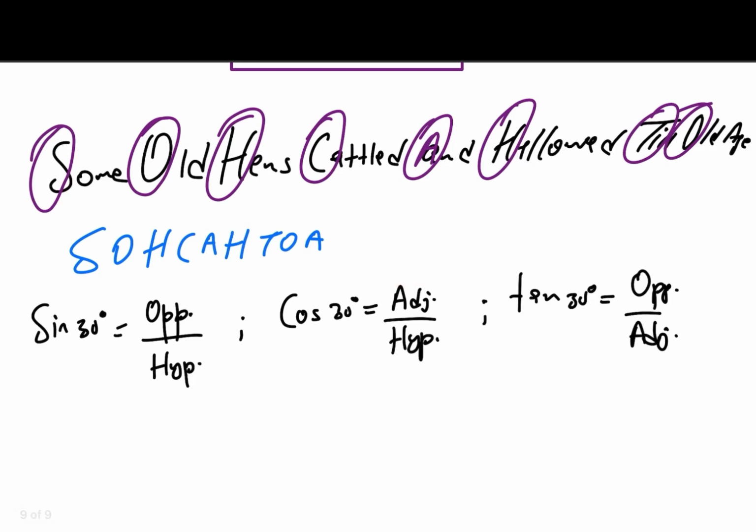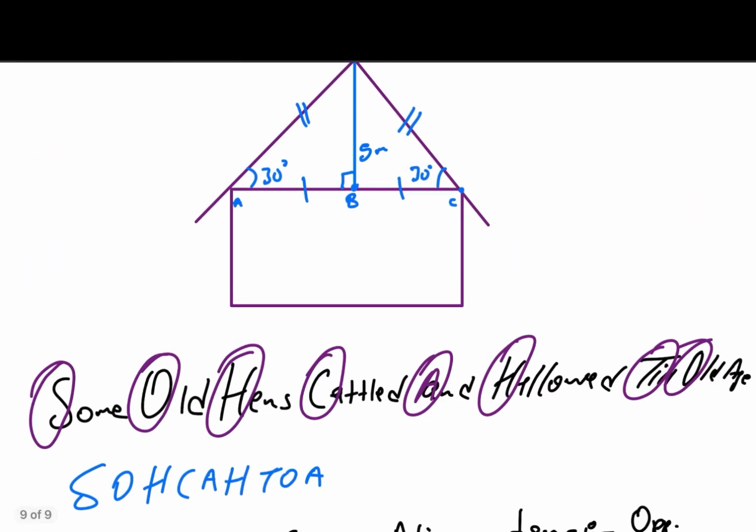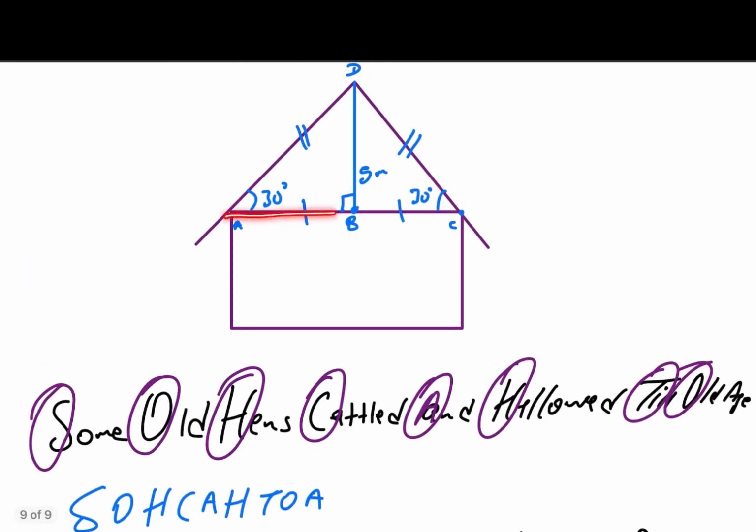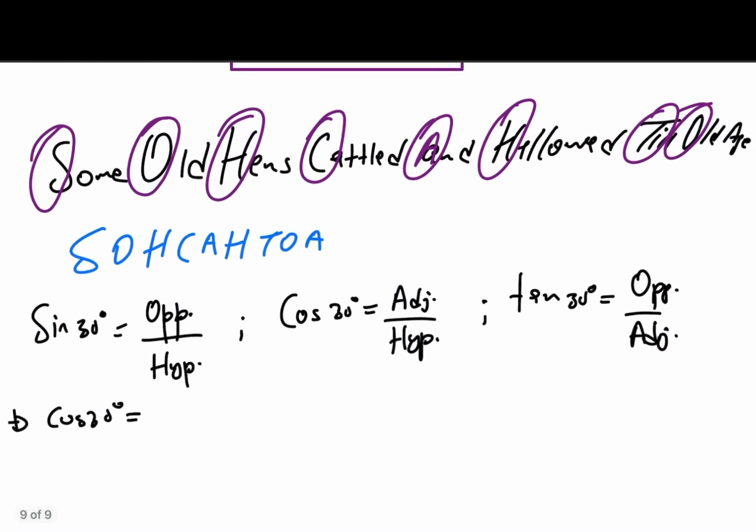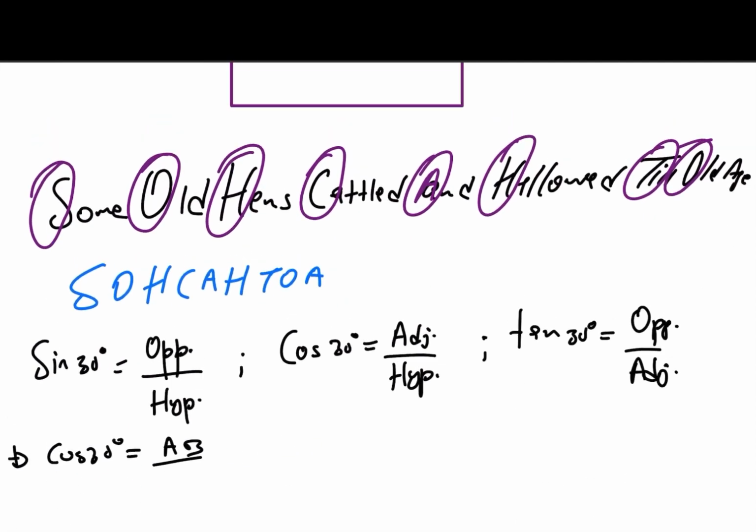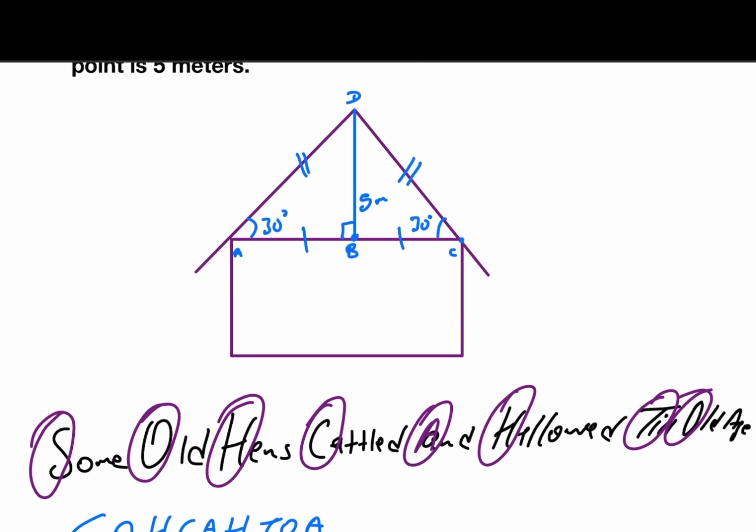We should get the same answer, right? So if you use cosine, you have cos 30 degrees is equal to the adjacent side. What is the adjacent side? It is AB. So let's just write that down. AB. And what is the hypotenuse side? AD. There we go.